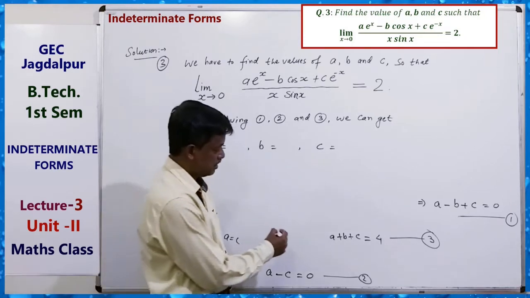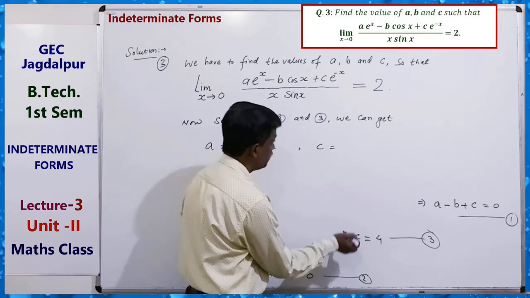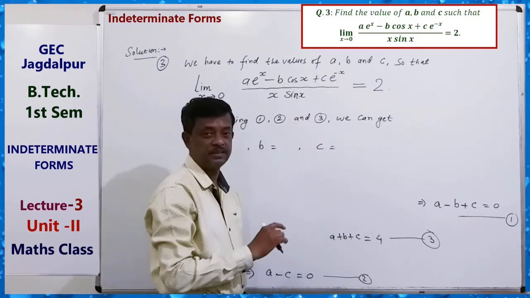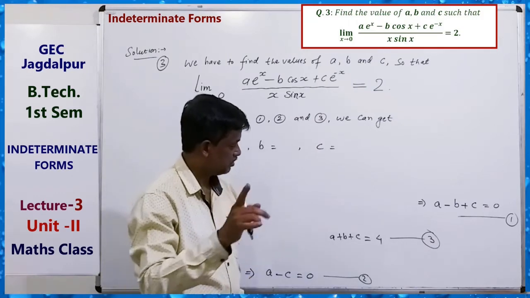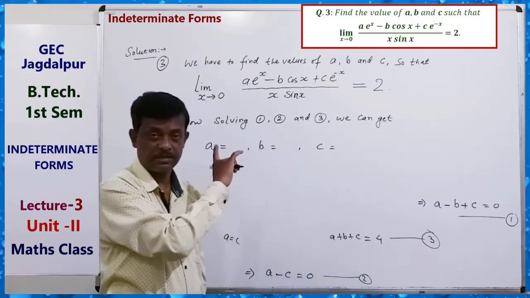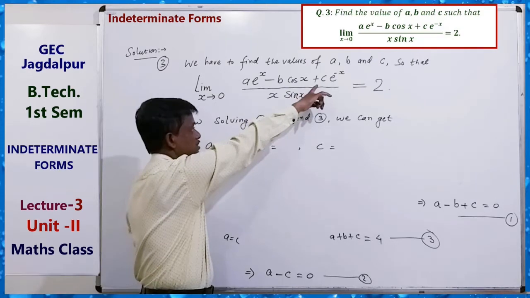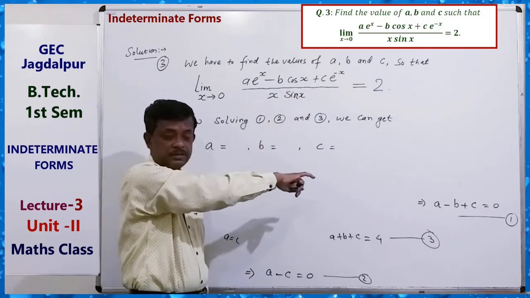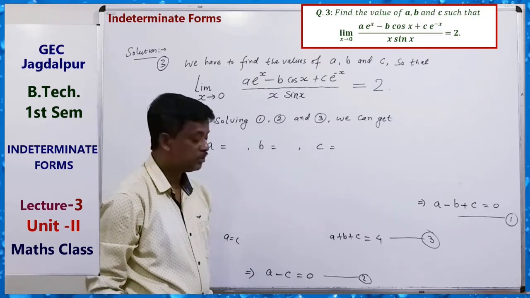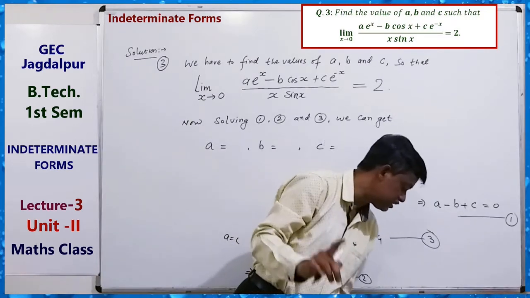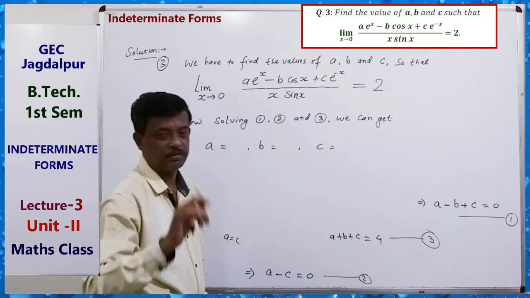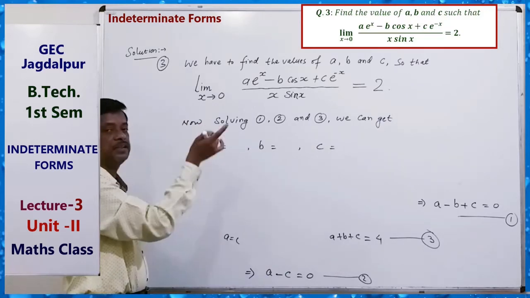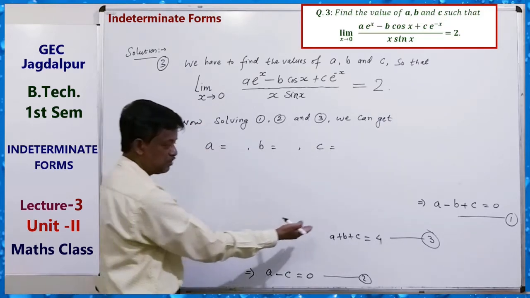There was a mistake, because one time differentiation minus and again differentiation plus, minus to plus. So a plus b plus c equals to 4.